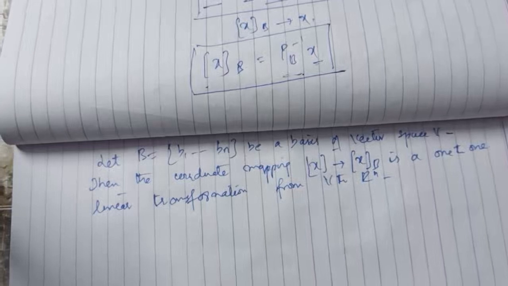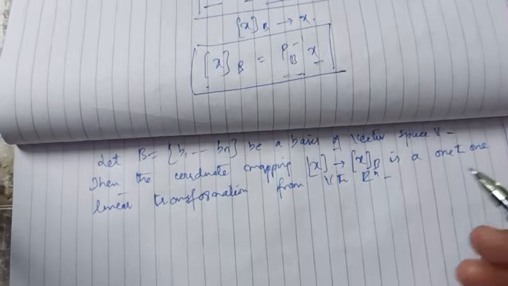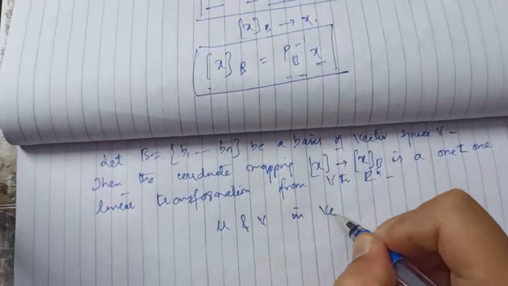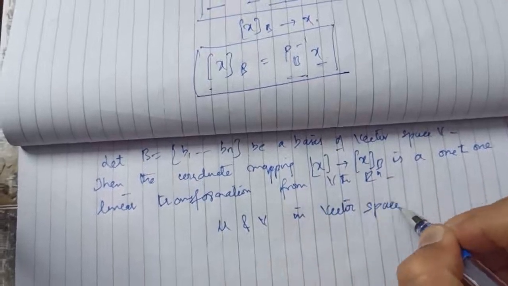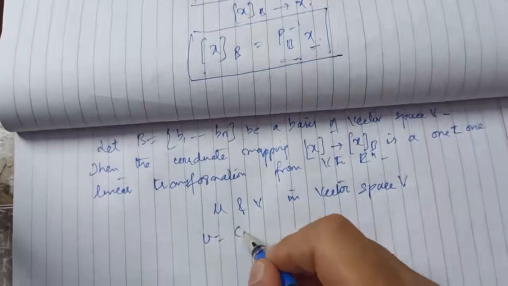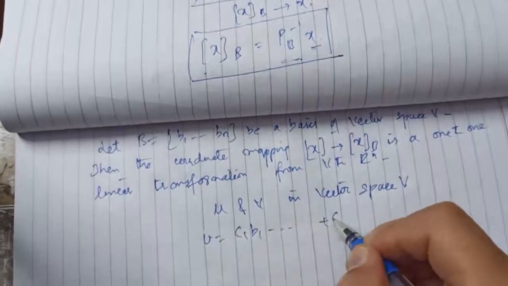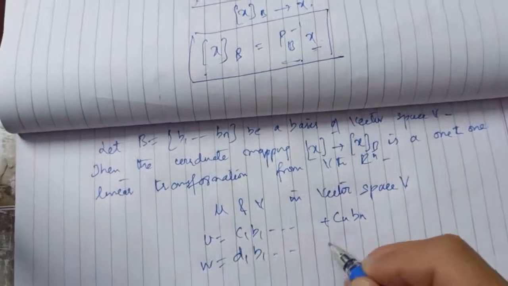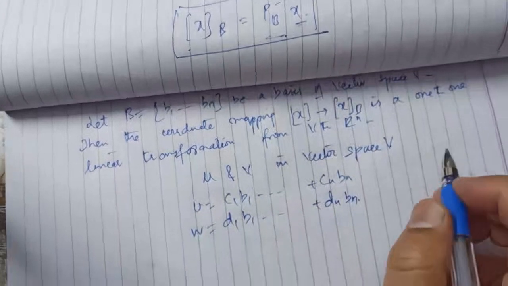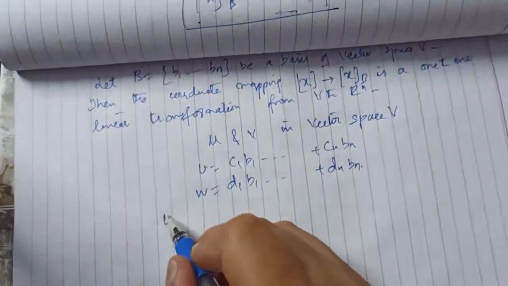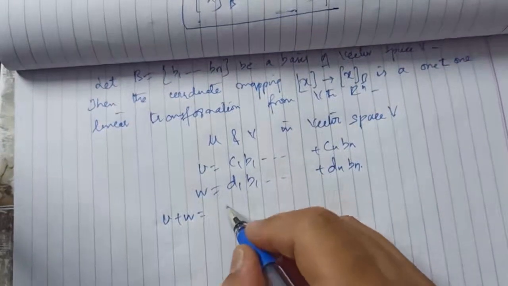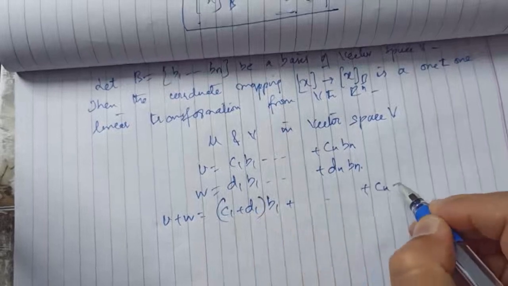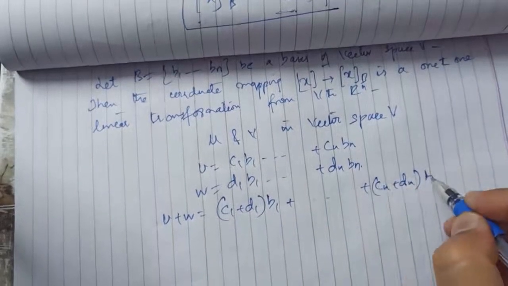But similarly, we can extend this concept. Say there are two vectors u and w in vector space V, right, so u equals c1 times b1 plus up to cn times bn, and w equals d1 times b1 up to plus dn times bn. Then you can say that u plus w is nothing but (c1 plus d1) times b1 plus up to (cn plus dn) times bn.